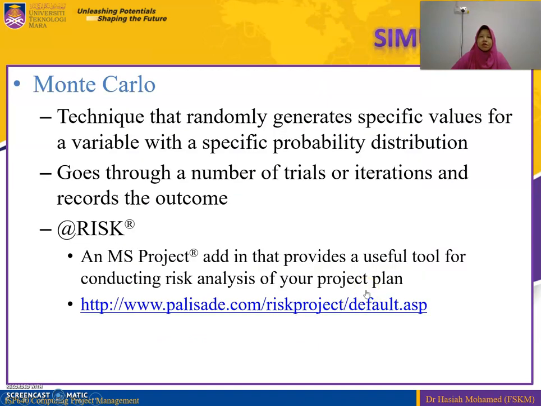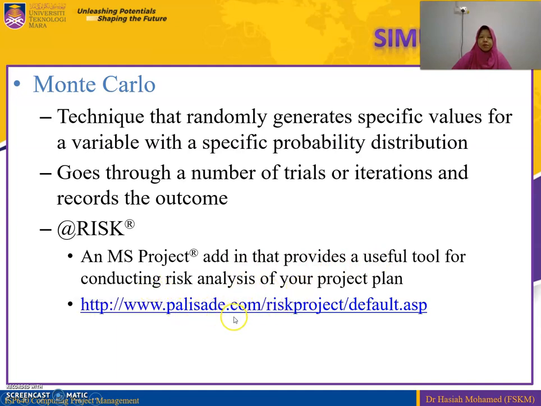We also have the Monte Carlo simulation, a technique that randomly generates specific values for a variable. This is the example, @Risk. This project provides a useful tool to conduct the risk analysis.